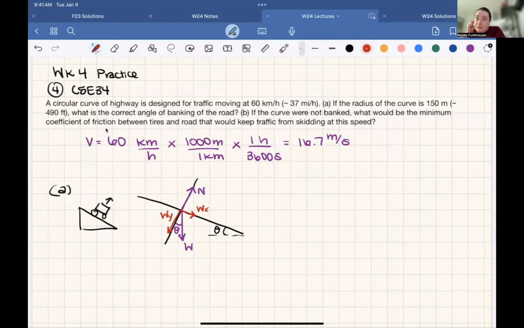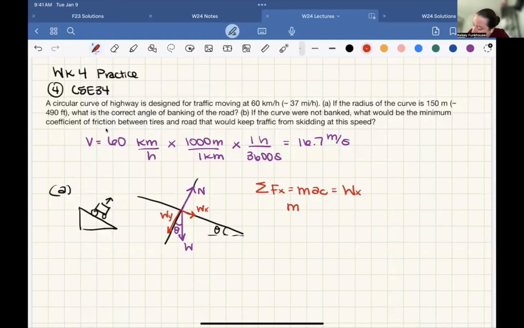And then we want to look at the sum of forces in the x direction. Sum of forces in x, because that is towards the center of the circle, equals mass times centripetal acceleration, and that equals just the x component of the weight.